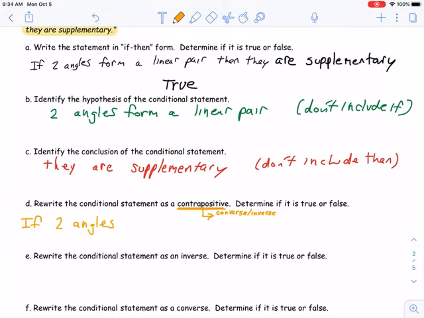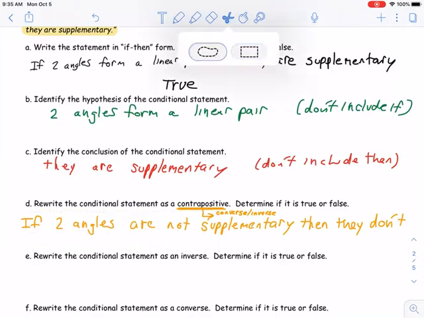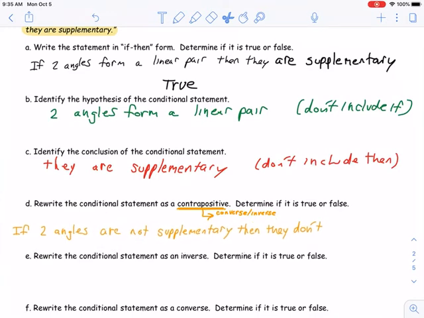So I'm going to keep two angles up front, but then say if two angles are not supplementary, then they don't form a linear pair.